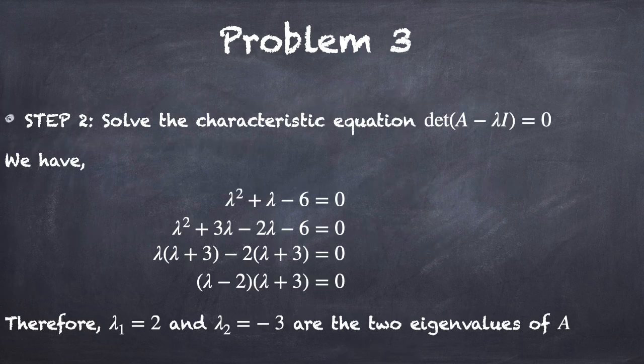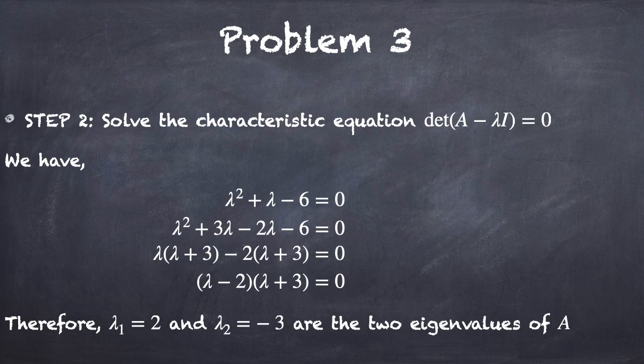Now we'll follow the same procedure and solve the characteristic equation lambda squared plus lambda minus 6 equals 0. We split the middle term lambda into 3 lambda minus 2 lambda, so that the two middle terms have a product equal to negative 6.